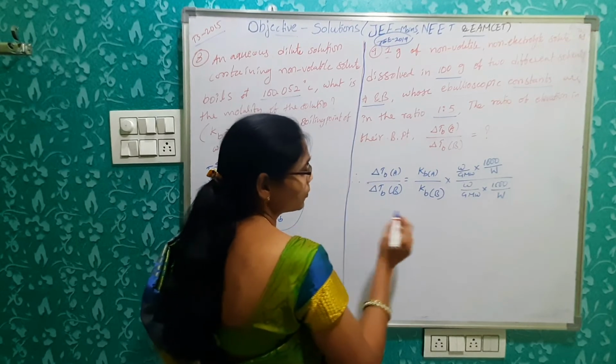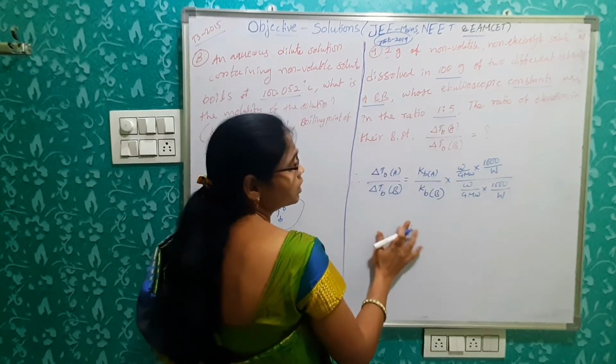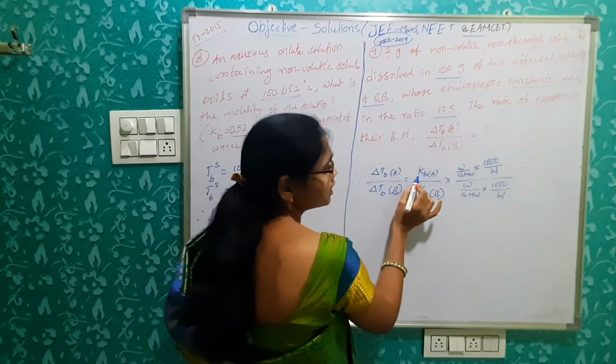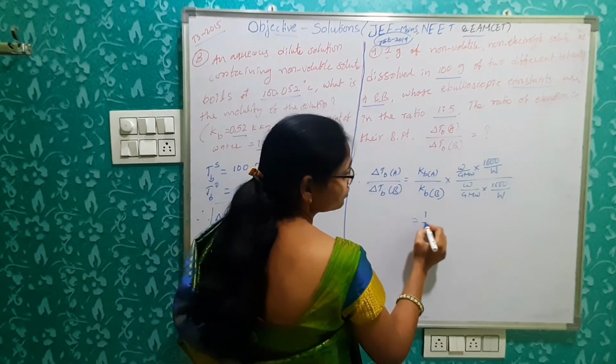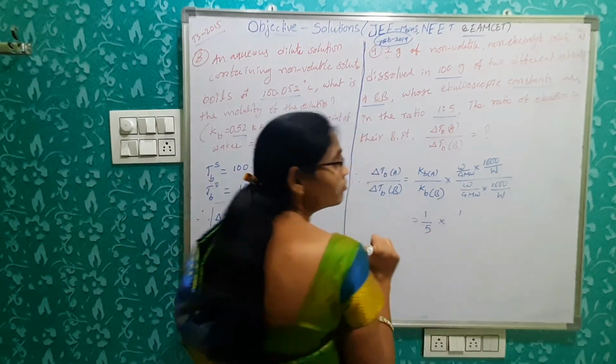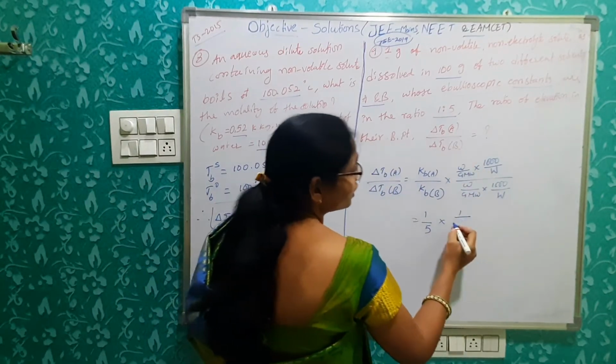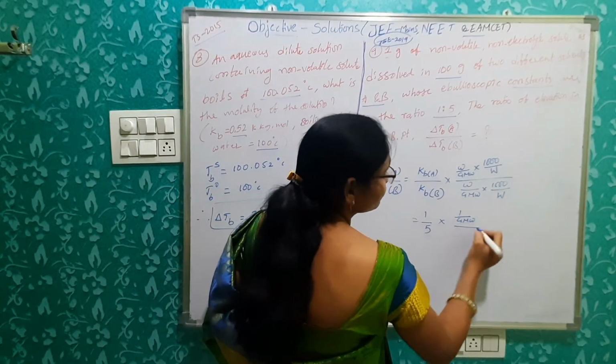Okay. Now, here the ratio of ebullioscopic constants KbA, KbB is how much? 1:5 means 1/5. Now, 1 gram of non-volatile solute, gram molecular weight is not given.